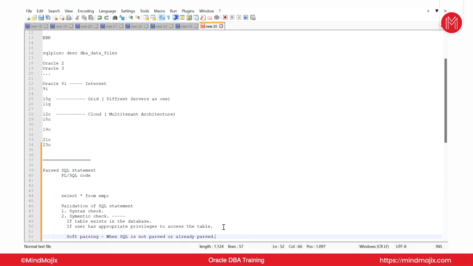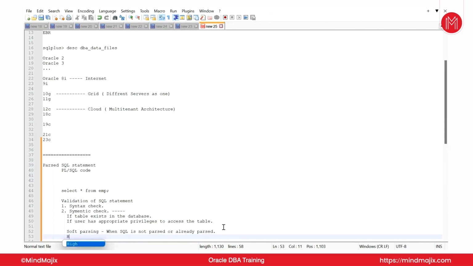That parsing is called soft parsing. While hard parsing is what? When SQL is actually validated. So whenever the SQL hits the system for the first time, it will always perform a hard parse. When it hits the second time and it finds the parsed statement, it will be called soft parsing.